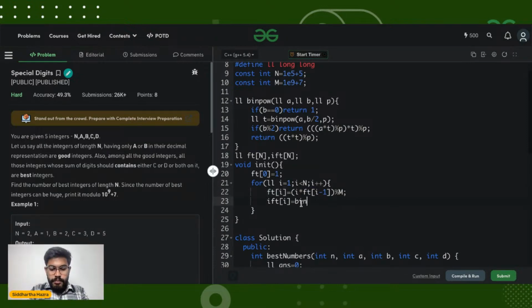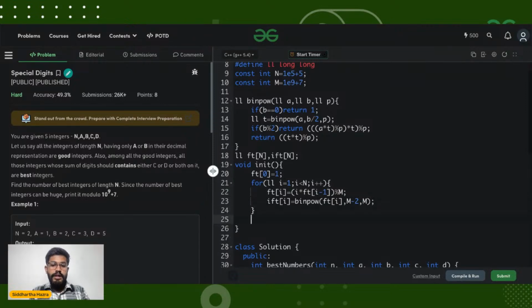So that would be bin pow of this factorial, multiplied by m minus 2, with the modulo as expected. Okay. Now this is done.